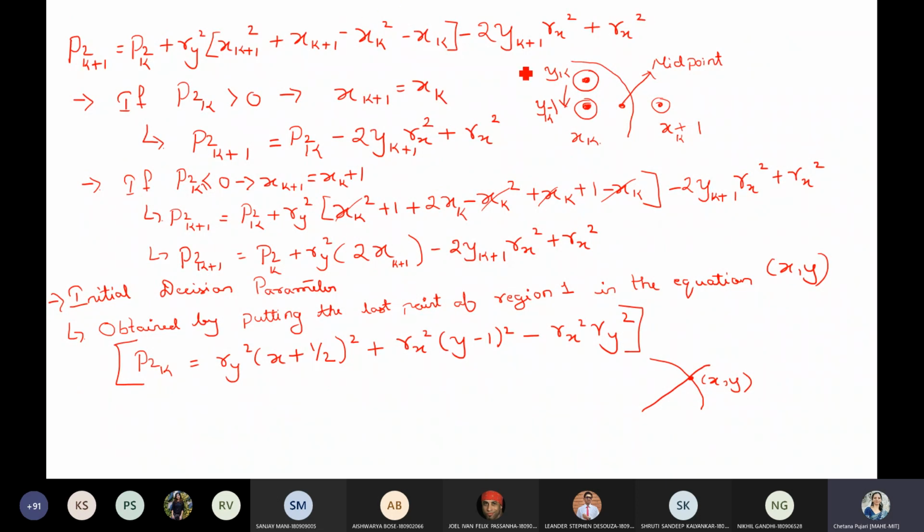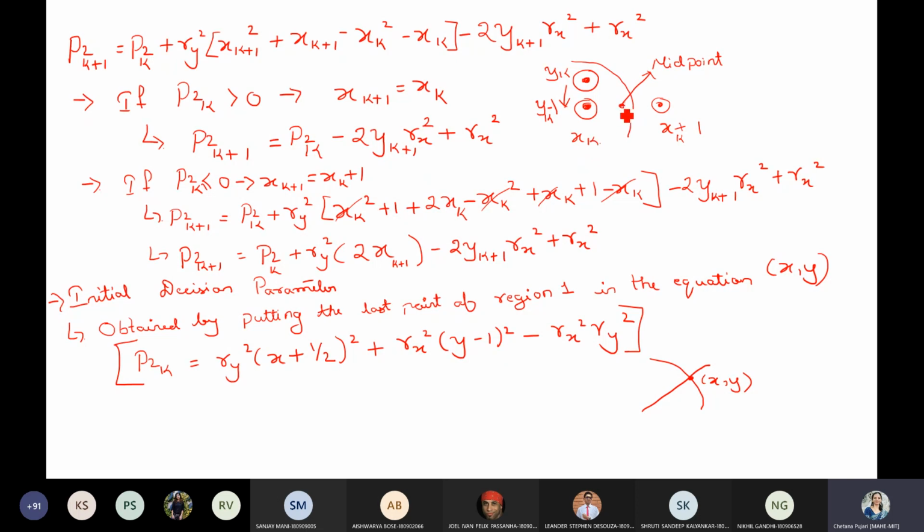So as I mentioned before, here you're going to make a decision about your xk, right? So this is our midpoint, and in this case, in region 2, yk is decremented at every iteration. So initially it is yk, then it is yk minus 1, it will go downwards. Whereas xk, you are going to decide whether to go further or stay in the same place.